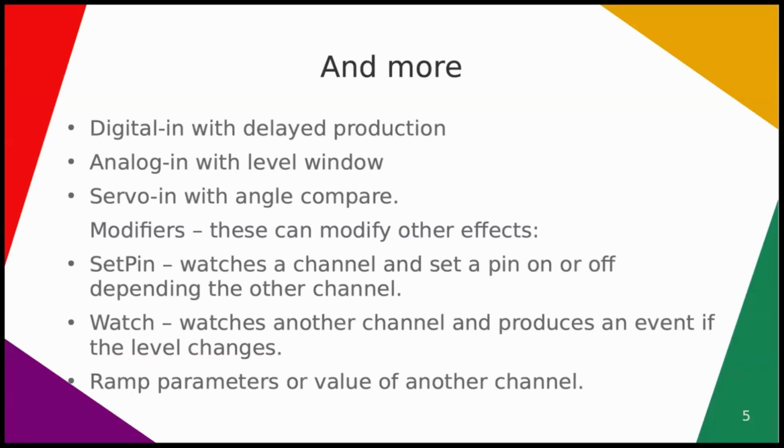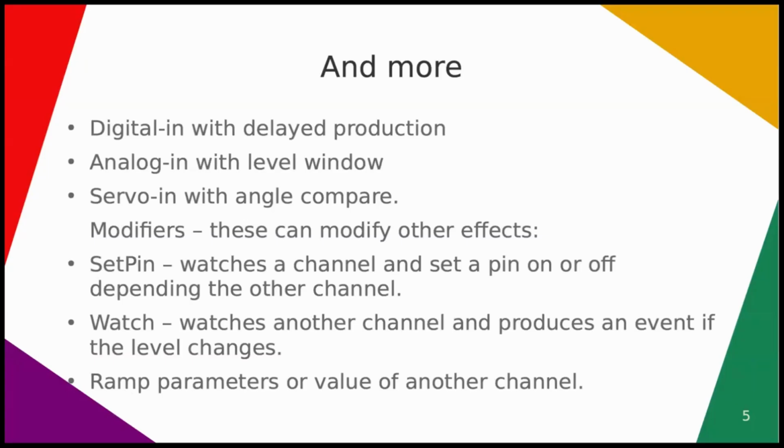One is set pin. So it'll watch. So you can set a servo channel, and then you can tell this one to watch that servo channel. And if the servo moves past a certain position, then it'll turn the pin on. And if it comes back the other way, it'll turn the pin off. So you can use that for your frog switching. And then there's one called watch, which watches a channel and produces events.